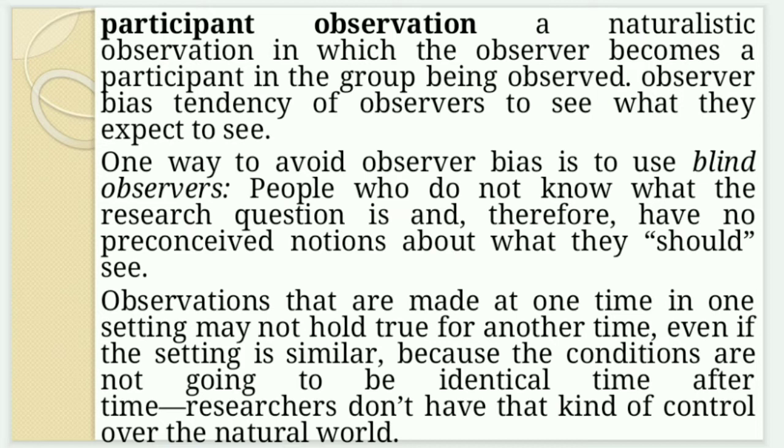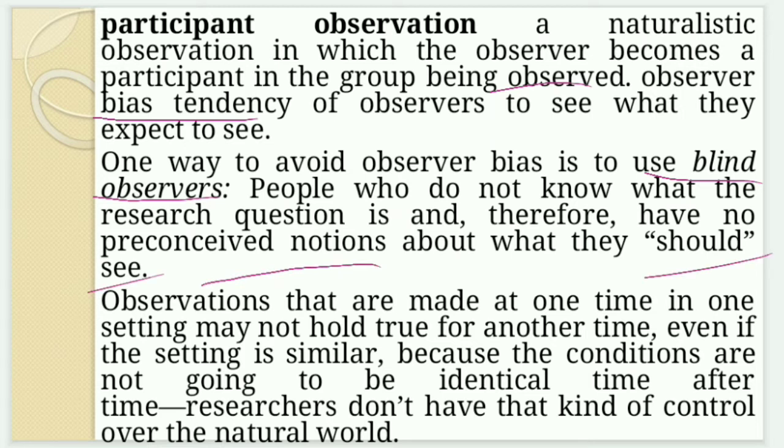Participant observation. A naturalistic observation in which the observer becomes a participant in the group being observed. Observer bias: the tendency of observers to see what they expect to see. One way to avoid observer bias is to use blind observers, people who do not know what the research question is and therefore have no preconceived notions about what they should see.